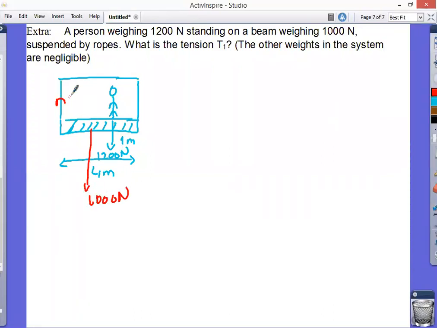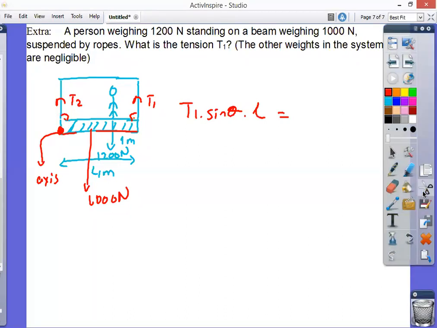Since we are looking for T1, we are going to consider that our axis is here. So this is going to be our axis because we are looking for T1. To find T1, let's apply it. T1 times sine theta, theta is 90 degrees here, times the total length of the plank, equal to, or let's say minus, because as you see, the direction of the T and the direction of the weights are opposite.